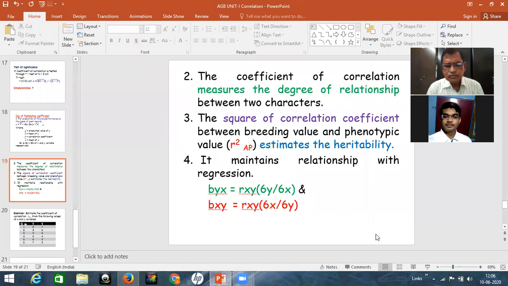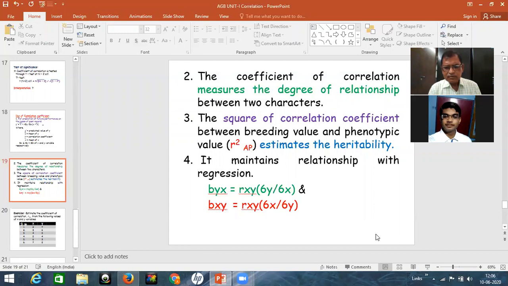The square of the correlation between breeding value and the phenotypic value is the heritability, that we have already studied in the heritability chapter. This is another definition of heritability, and another use of correlation by which we can estimate the magnitude of heritability of the character.